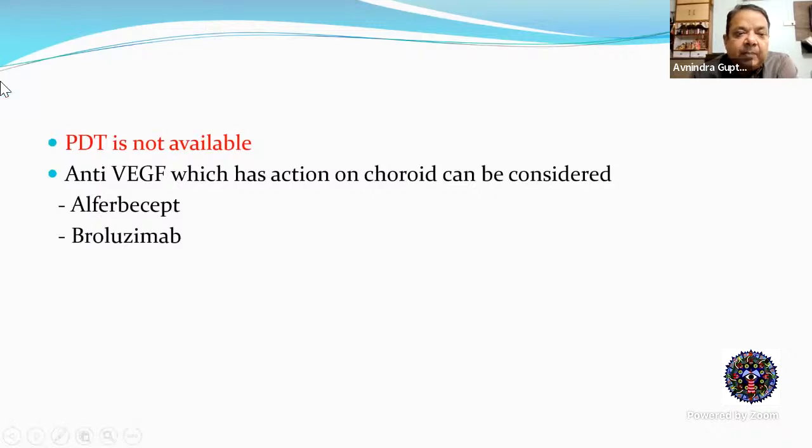But now the problem is that Novartis has withdrawn photodynamic therapy. So patients with subfoveal leak cannot undergo photodynamic therapy. So I have tried anti-VEGF, which has an action on the choroid, like aflibercept or the newer anti-VEGF, that is brolucizumab.